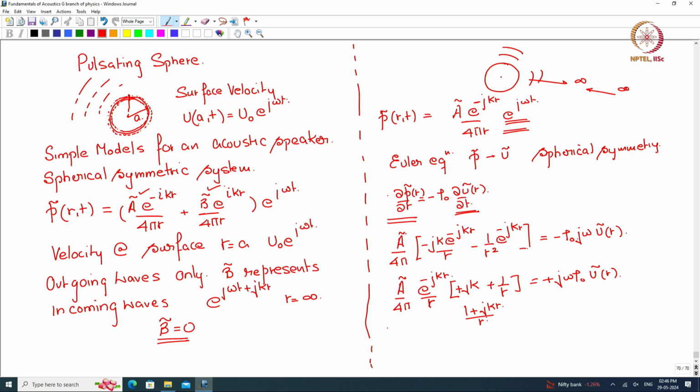So, what we have now is A tilde by 4 pi r square e to the power of minus j k r into 1 plus j k r is equal to j omega rho 0 u tilde r.